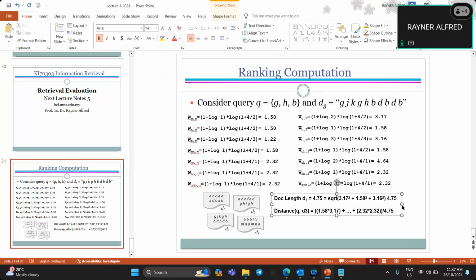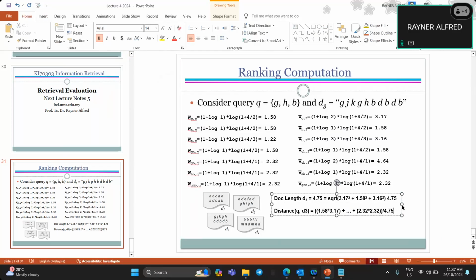So these are the length and the distance between these two, where we need to compute the weightage. Okay. So this is for the basic one.